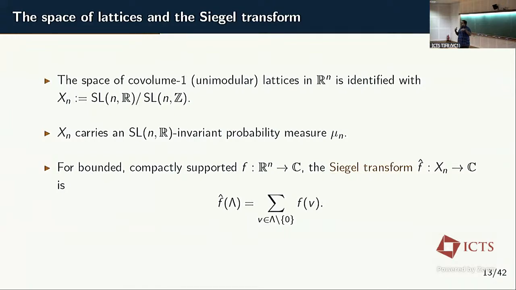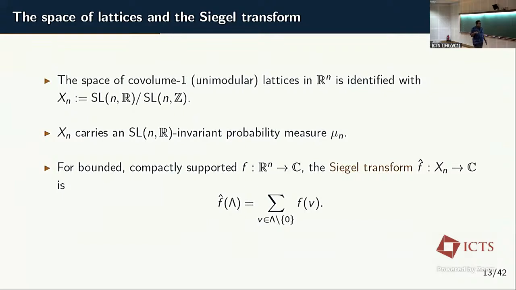But if I insist on the volume of the fundamental domain to remain 1, then I have no choice but to act with a determinant 1 matrix because the volume scales with the determinant. So this gives you an action of SL(n,R) on the space of covolume 1 lattices. It's a transitive action, and the stabilizer of Z^n is SL(n,Z). So this is a very important identification.